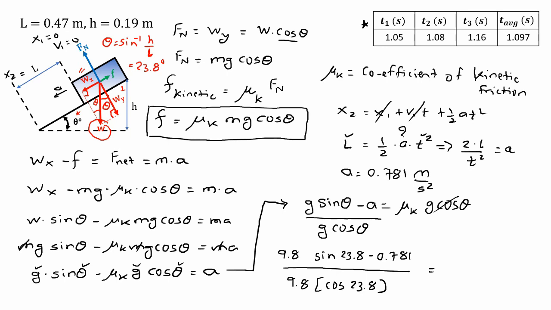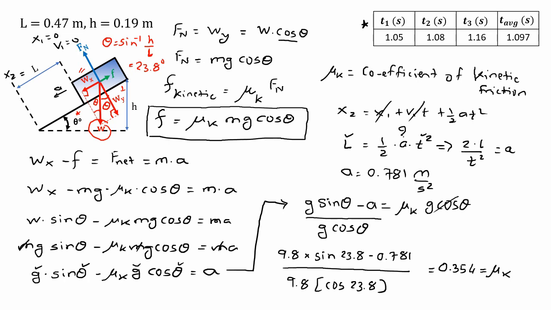So 9.8 is multiplied only with this term. And that's 0.354. This is the coefficient of kinetic friction.